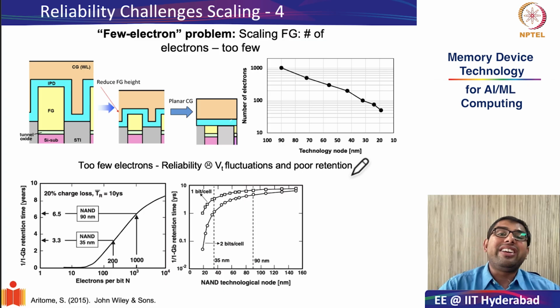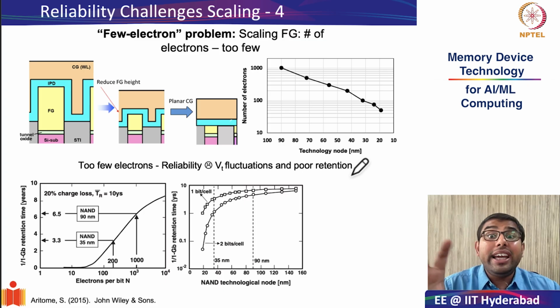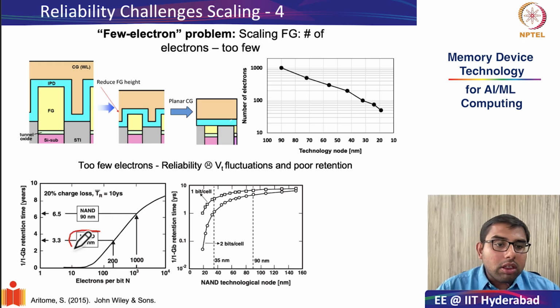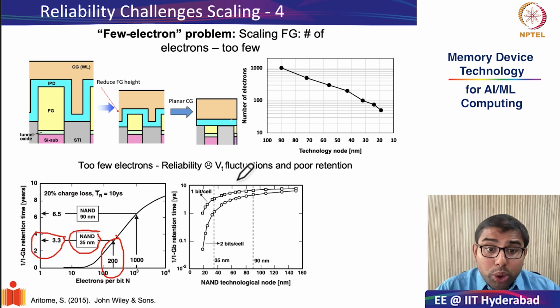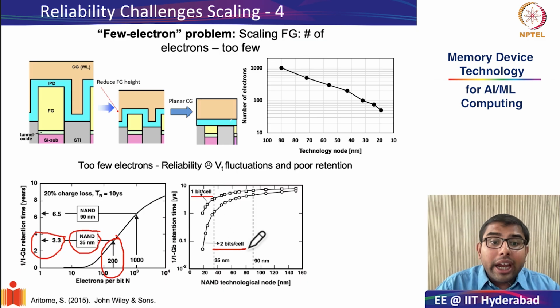And this is what is really indicated in these really alarming experimental results. What they have found out is that in a 35 nanometer NAND flash cell, because you have only 200 electrons per bit, the average retention time drops to only 3.3 years. Okay, and as you can understand, because VT margins are smaller, when you go from SLC to MLC, it will cause even bigger problems when you go to MLC or 2 bits per cell.